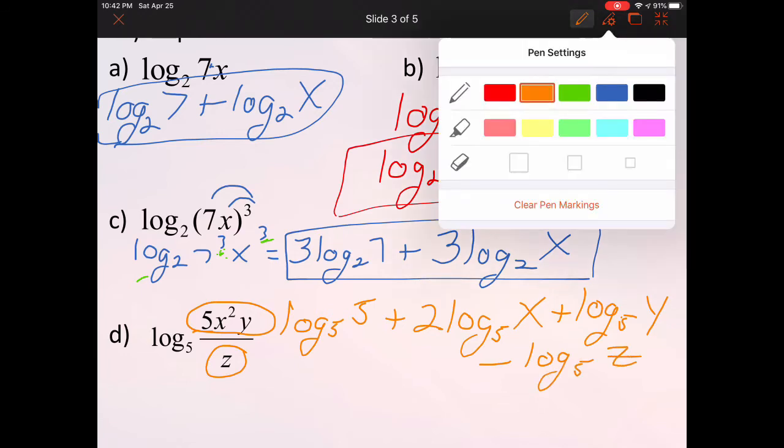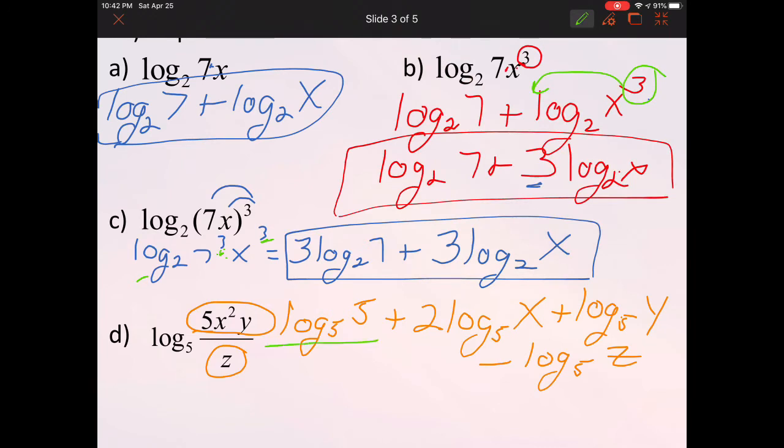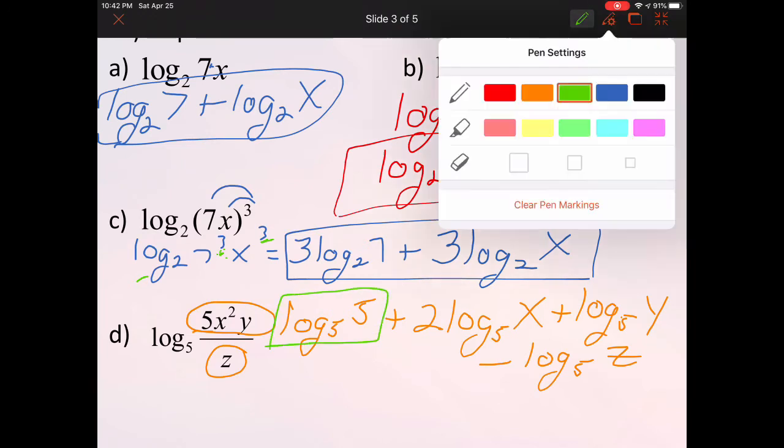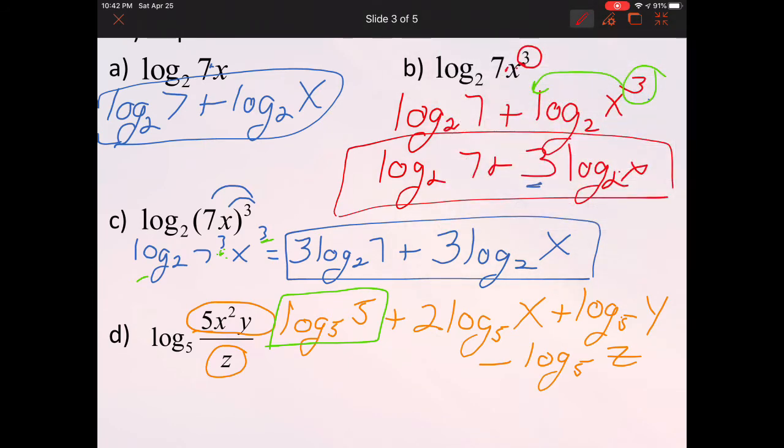But here's something else. This here we learned a couple days ago can be evaluated. So that means this evaluated into 1, right? We did this, 5 to the 1 is 5.